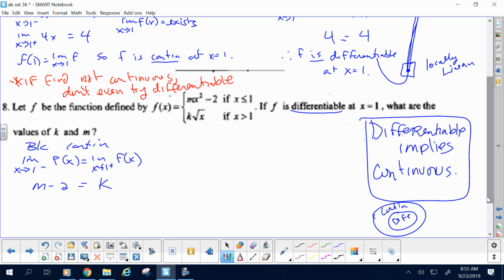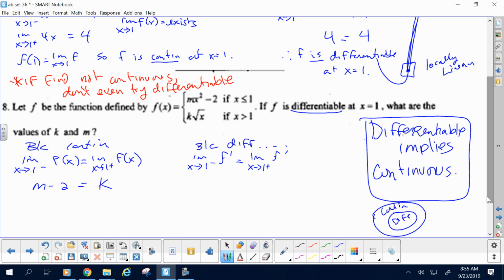If that happened, then I'd be good to go meeting. Now I also have to worry about the differentiability. Because this is differentiable, it also has to be the case that the slopes left and right of 1 have to match. So that implies that the derivative of the left-hand branch at 1 has to equal the derivative of the right-hand branch at 1.